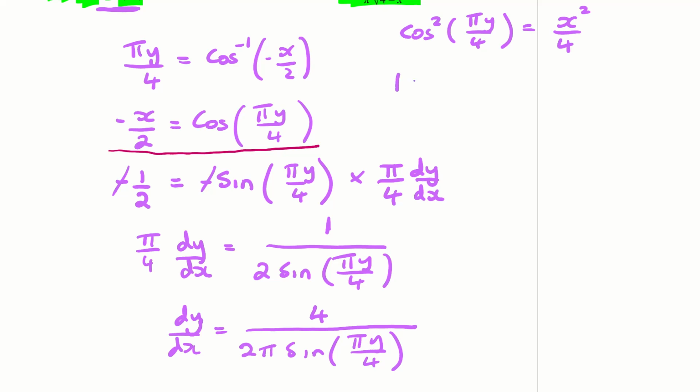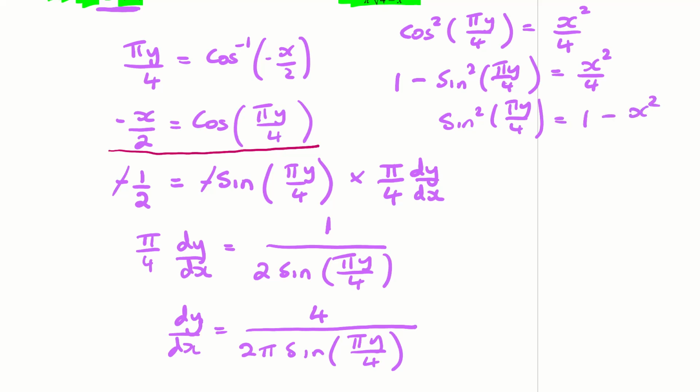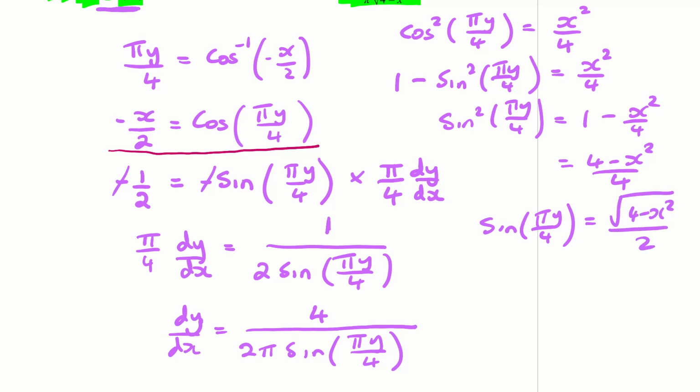So that's 1 minus sine squared pi y by 4 is x squared over 4, giving me sine squared pi y on 4 is 1 take away x squared on 4, or if you like 4 take away x squared on 4, and therefore sine of pi y by 4 would be equal to the square root of 4 minus x squared on 2.